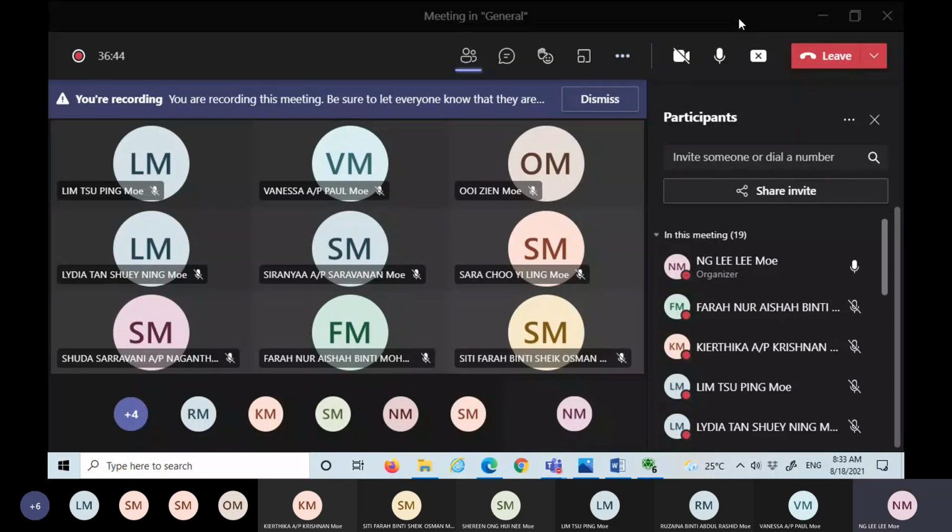Yes, teacher. Siti Farah, is it? She can't on mic. Anyone? Share with me, please, how you learn the graph of trigo in your modern maths.